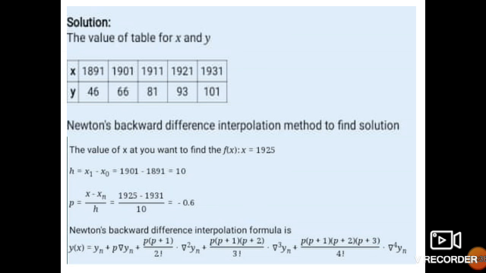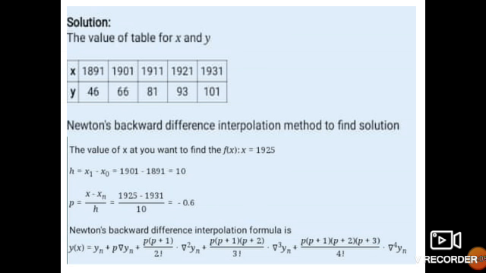There are five tabulated values, x0, x1, x2, x3, x4, so we have to find up to the fourth differences. So we can write the formula till the fourth difference. The formula is yn plus p del yn plus p into p plus 1 divided by 2 factorial del squared yn, and so on. Here we can see the difference between the forward and backward differences.